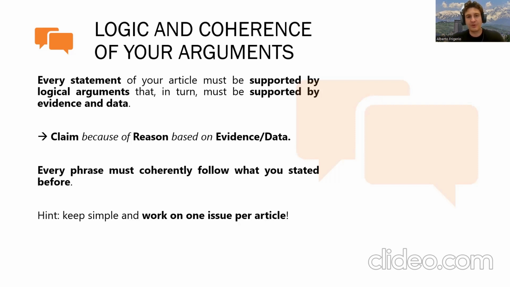Keep it simple and work on one issue per article, because on more than one occasion I received comments from reviewers that I was working on material that could be considered for 2 different publications. So simplify: stay focused on one issue per article, no more.